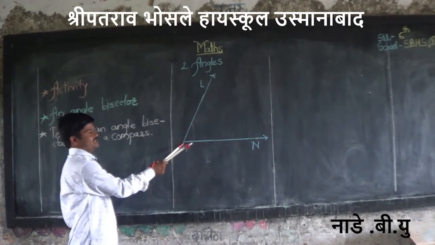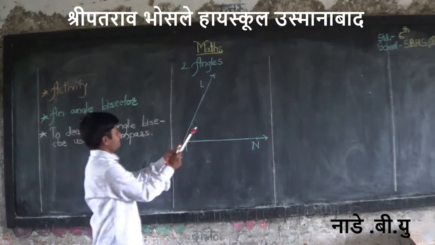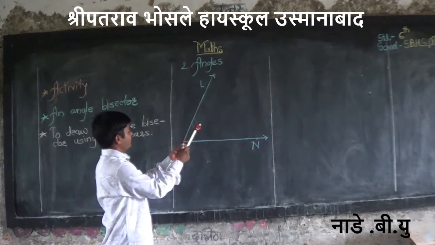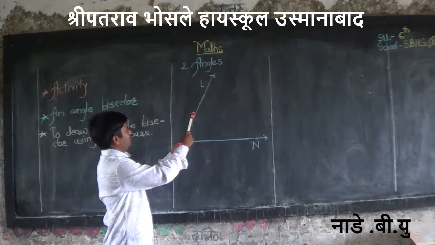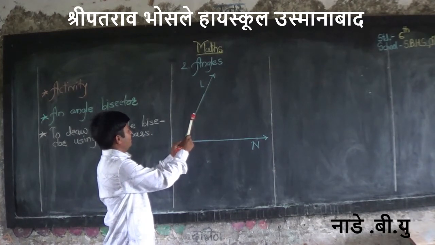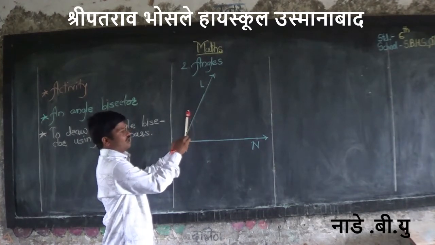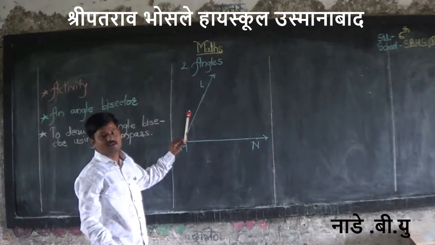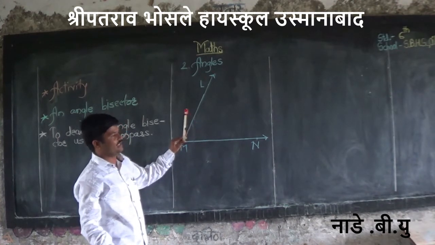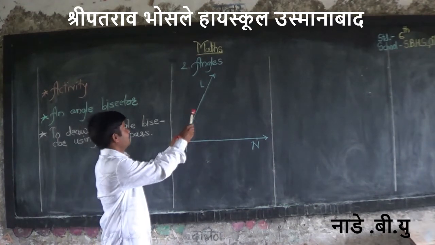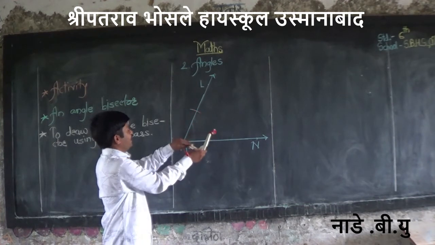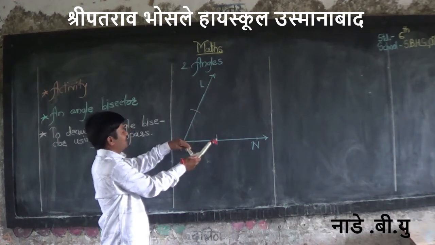Here the vertex is M. Draw two arcs on the two sides of angle LMN.